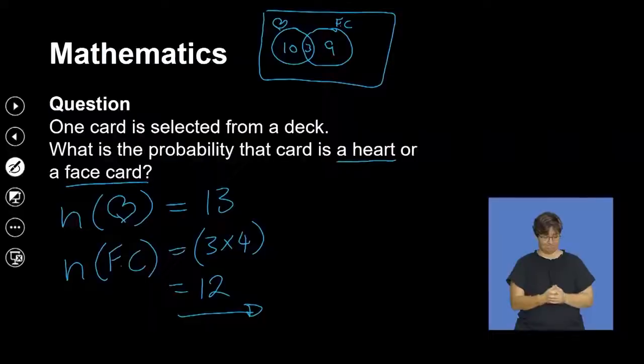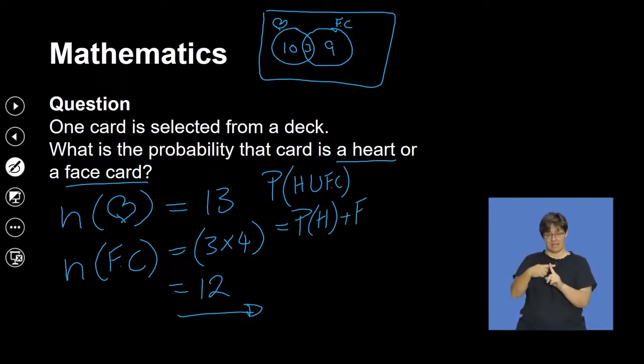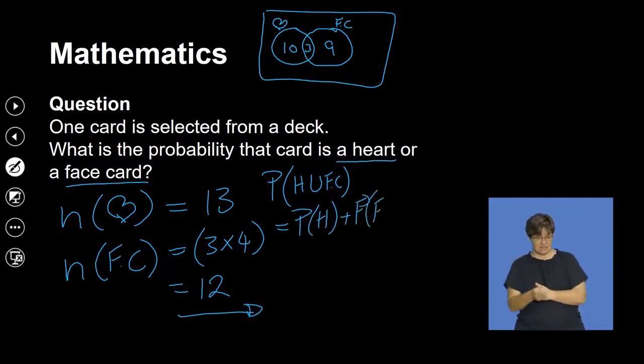If we are going to calculate the probability, we're going to say the probability of the heart, and I'll just do it as H, union face card is going to be equal to, because it's not mutually exclusive, the probability of the heart plus the probability of the face card minus the probability of the intersection of those two.